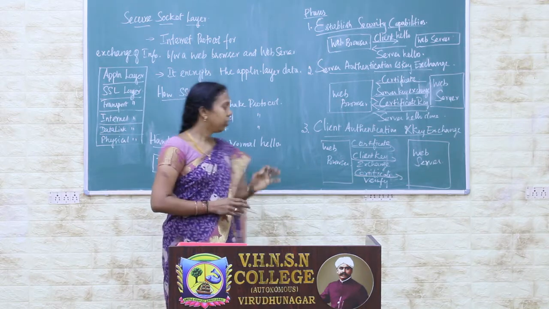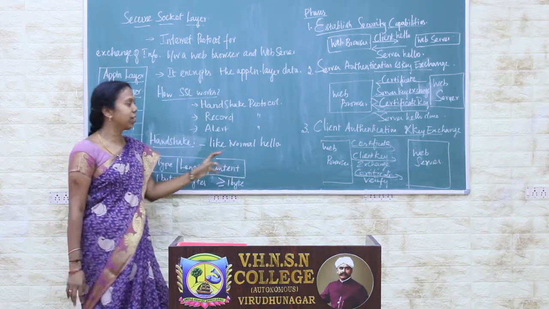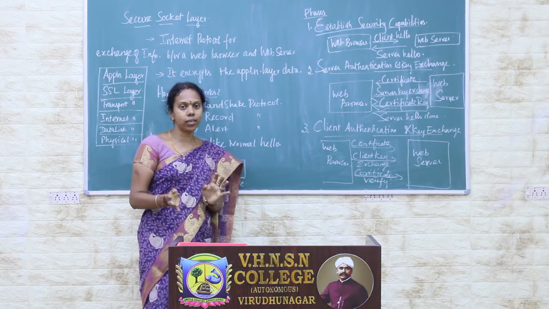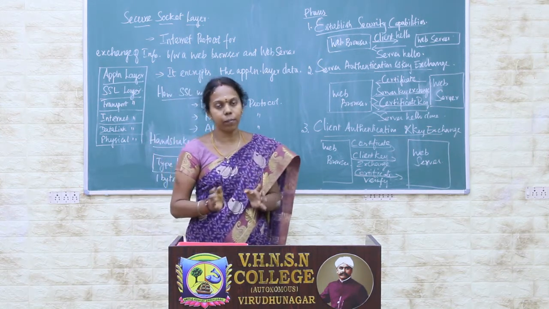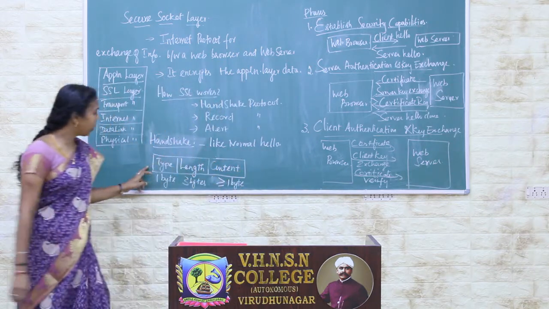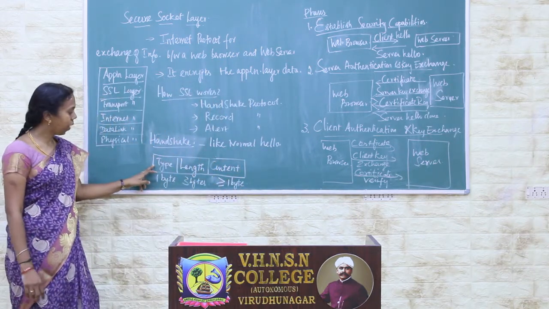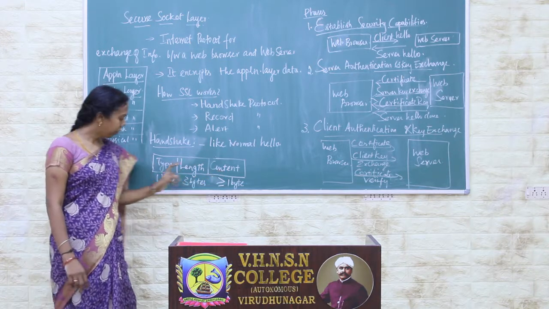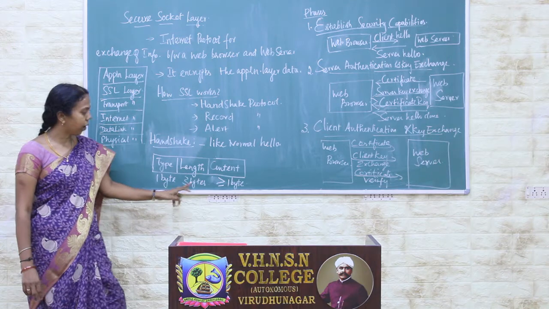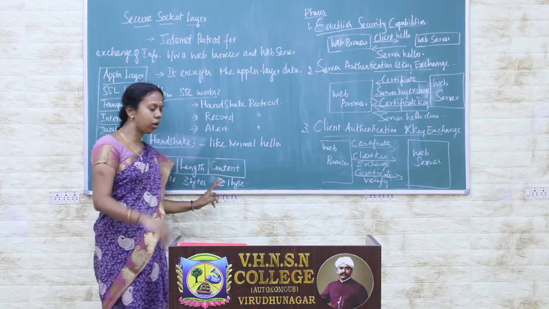Like that, the Handshake protocol works like a normal hello message. Between two parties who want to communicate, each of them says hello. The format of the Handshake protocol is type, length and content. The type consists of 1 byte, length is 3 bytes and content contains 1 or more bytes.